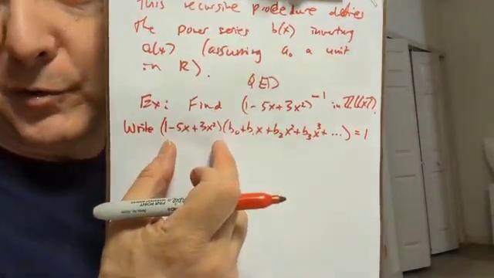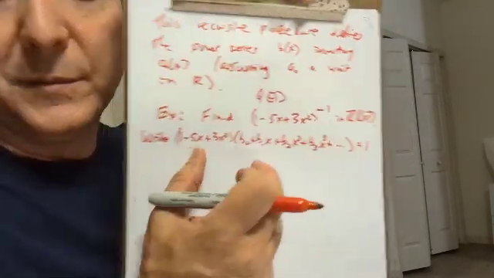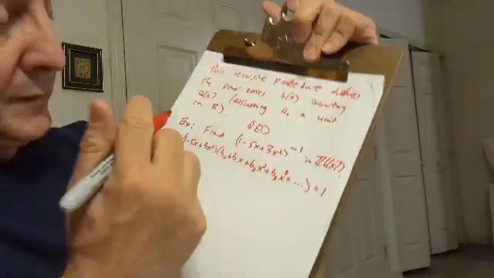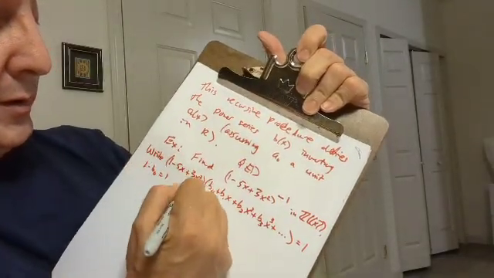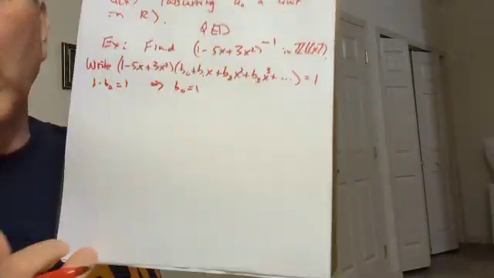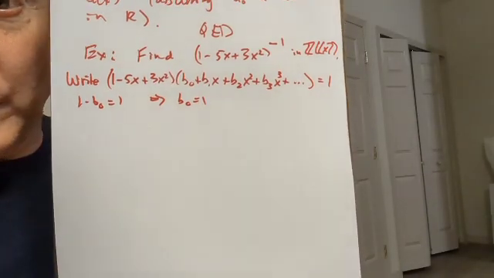The power series we're starting with times some unknown inverse equals 1. So we have 1 times b0 equals 1. So b0 equals 1. We get that by looking at the constant terms of both sides.